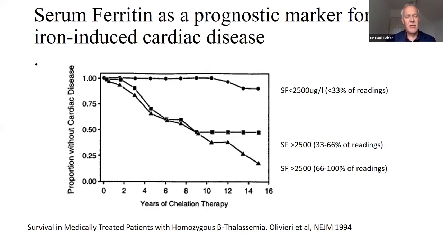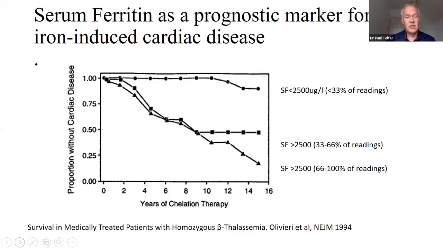And although there are possible problems with the use of ferritin, which I'll list in just a second, we know from various studies, some of them quite old, and mostly relating to iron chelation with desferrioxamine in the early years of thalassemia treatment, whereby values of serum ferritin over time have been associated with clinical outcomes.